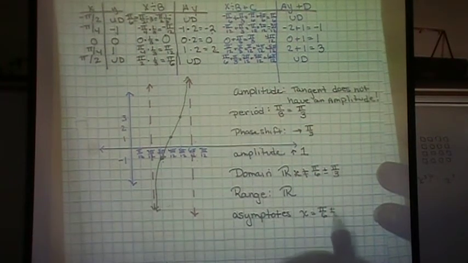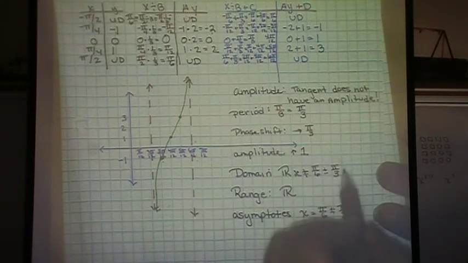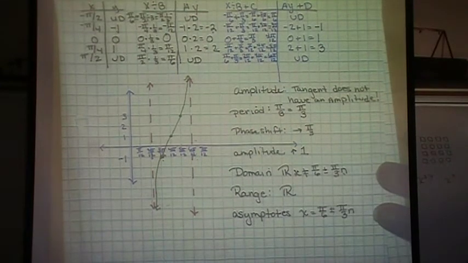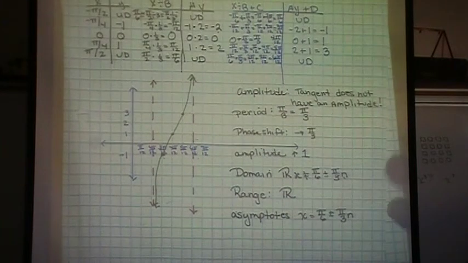So plus or minus the period times n. I forgot to put that up here as well. The n gives us our revolutions, the multiple times around the circle. Okay, so that's example 1. It does not have a max or min. Again, it does not have an amplitude. Okay, let's go on to example 2.